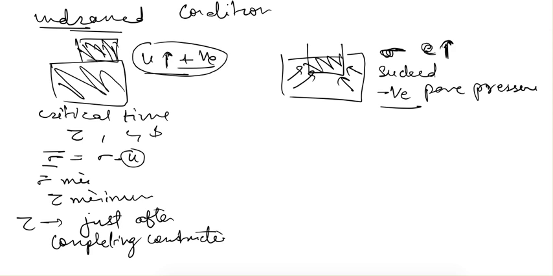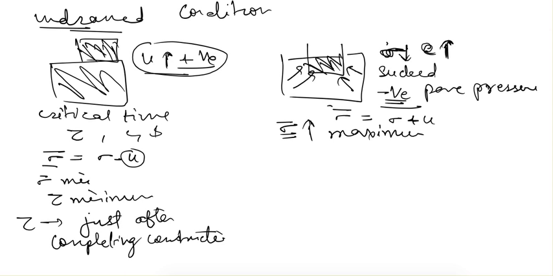And if it is a case of some excavation, in that case this stress is decreasing, and because of that negative pore water pressure is building up. So if pore water pressure is negative, then we know that effective stress is given as total stress plus pore water pressure. It means as soon as the construction has completed, the effective stress will be maximum.